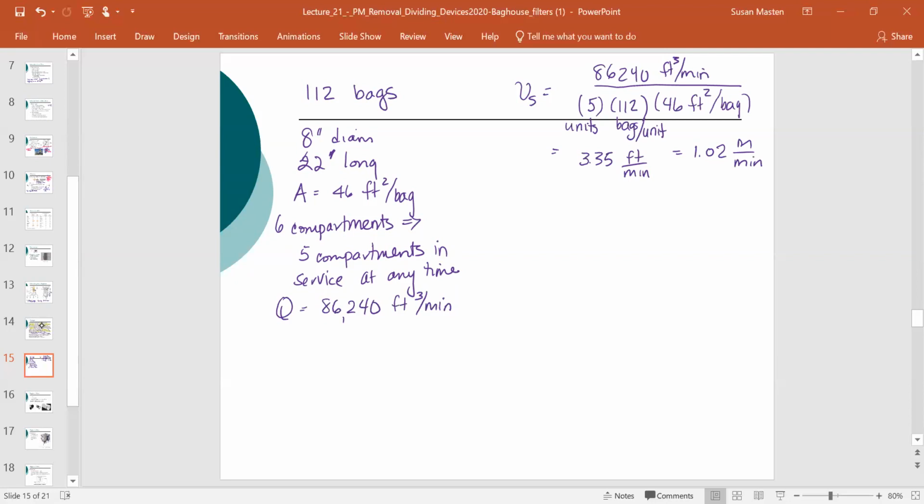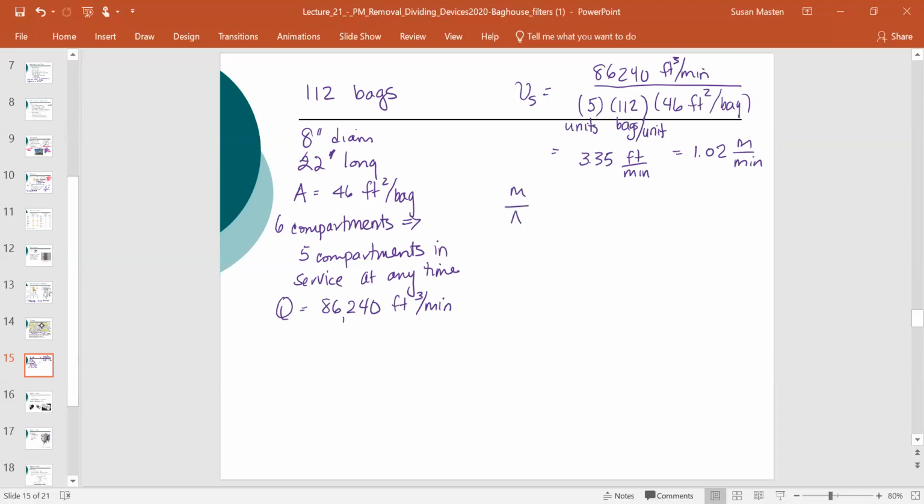The actual, what we refer to as the interstitial velocity, is significantly greater because the pore space is 50%. So if we were to measure a gas parcel, the actual velocity of the gas parcel would be greater than what we just calculated.